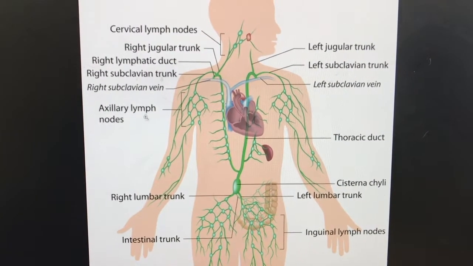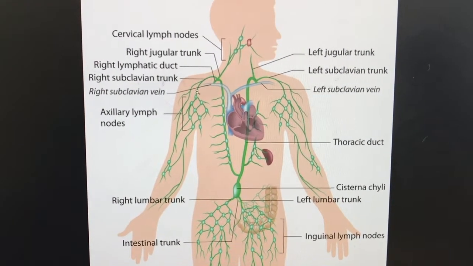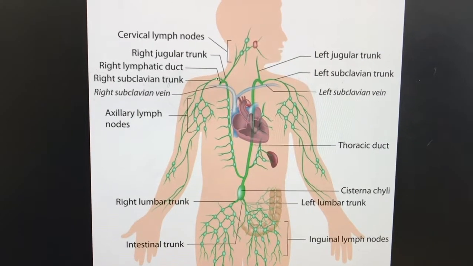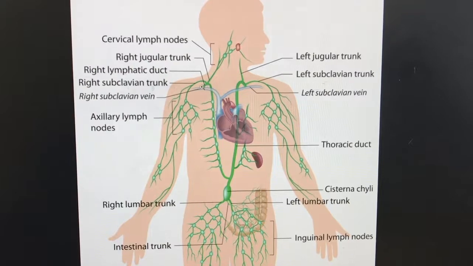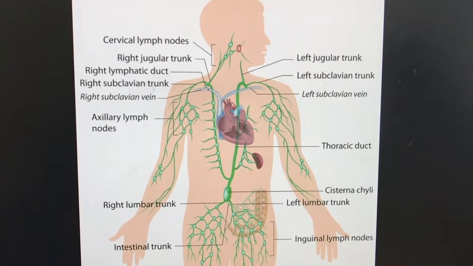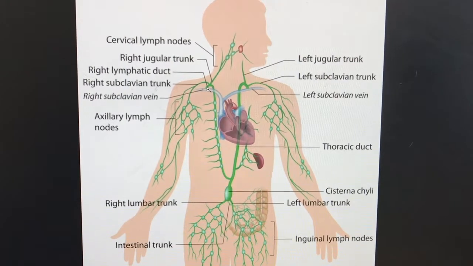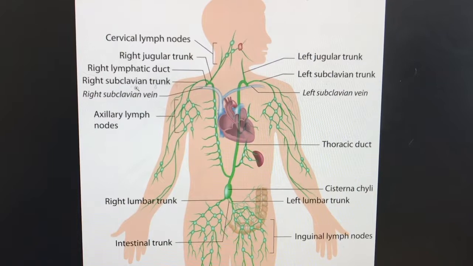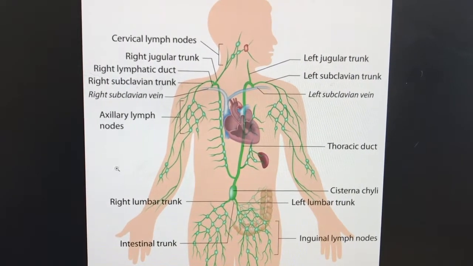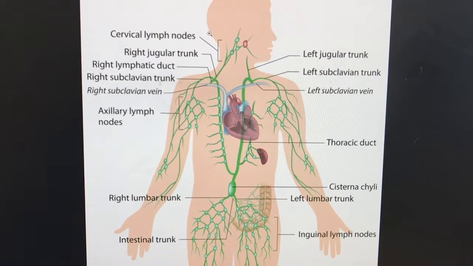So here is the picture where we can see lymphatic vessels, and we are seeing nodes in between, but the lymph vessels are going through. And then we have here the right lymphatic duct, and we discussed that the right lymphatic duct drains the right upper part of the body that includes your arm, right thoracic region and right side of the head.